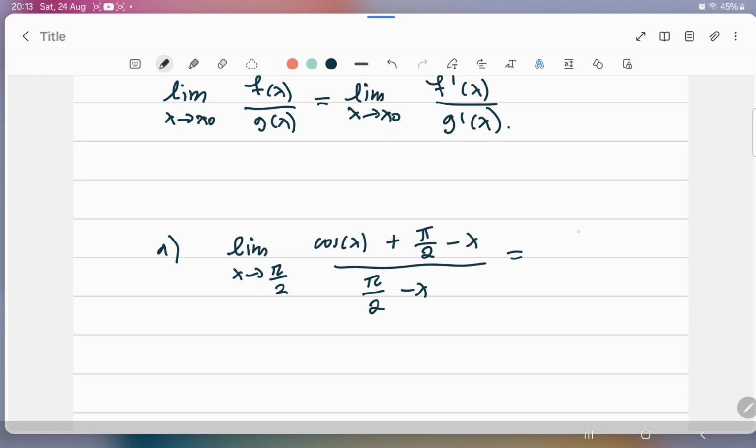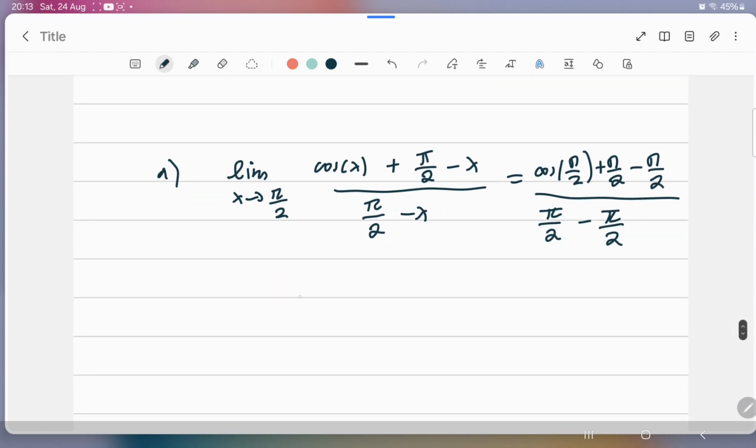If I substitute here, I have cos pi over 2 plus pi over 2 minus pi over 2 divided by pi over 2 minus pi over 2. What is the numerator? Cos pi over 2 is equal to 0. The numerator is 0 and the denominator is 0, so I have an indeterminate form.